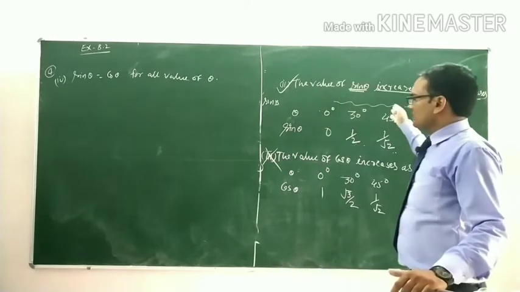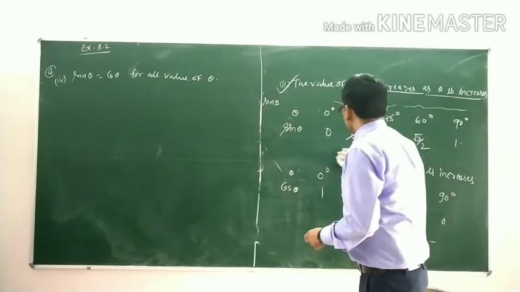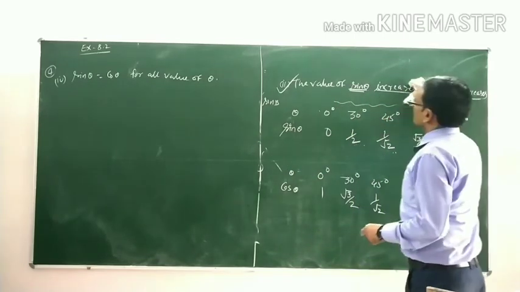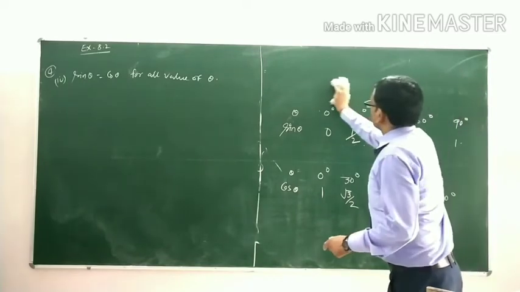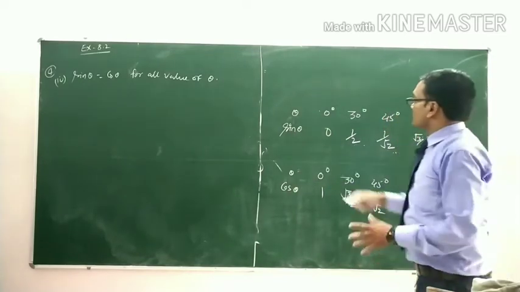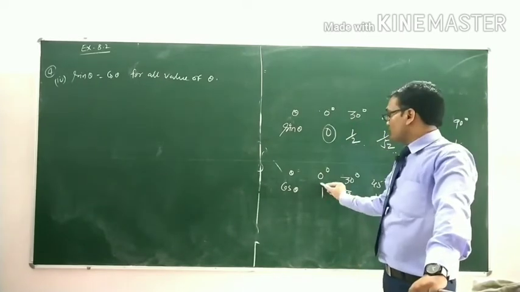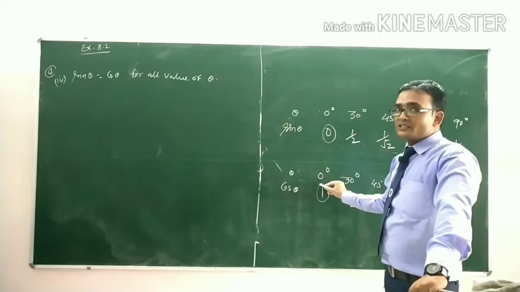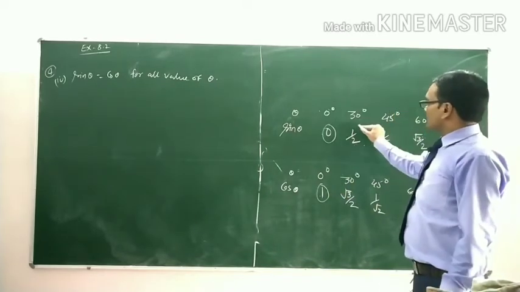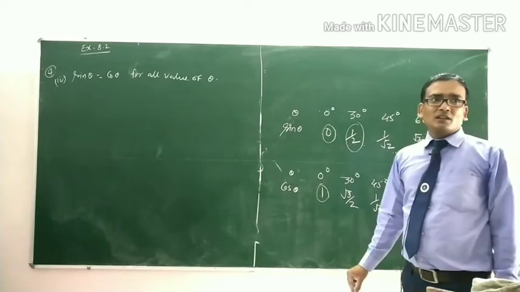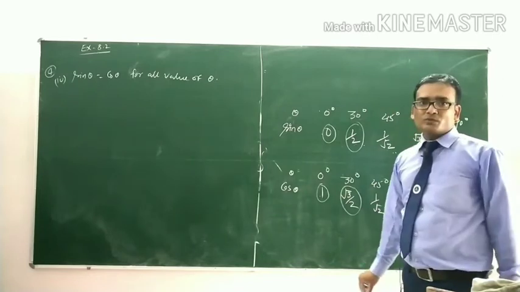Check whether this is given. The value of sin 0 is 0, then the value of cos 0 is 1, not equal. And the value of sin 30 is 1 by 2 and the value of cos 30 is square root 3 by 2.